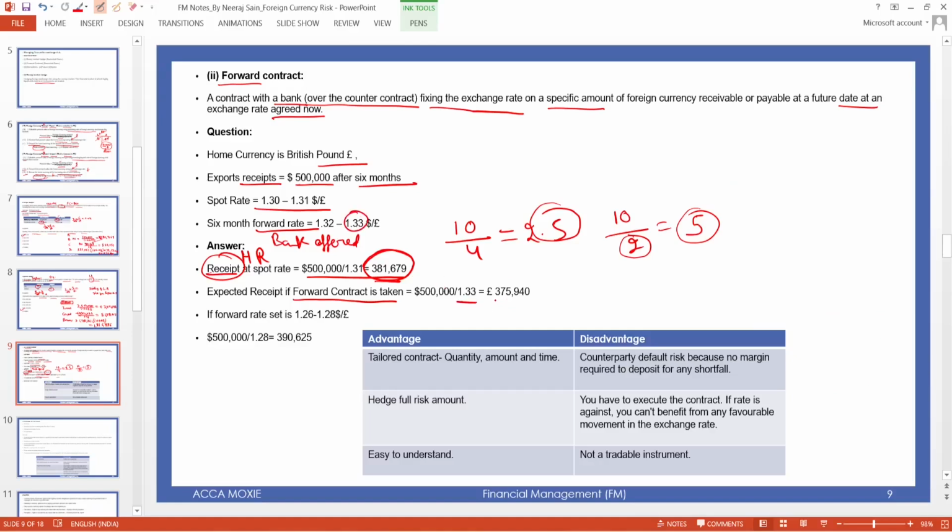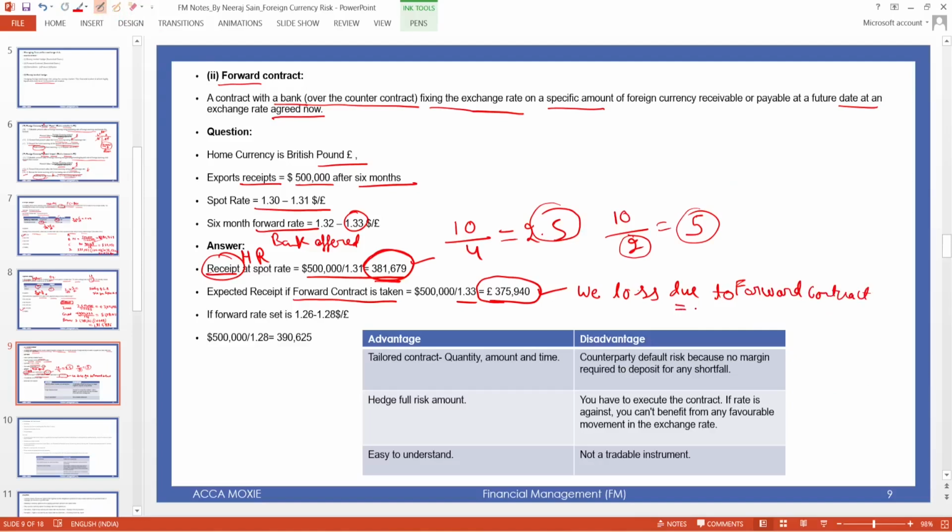After 3 months we receive this amount, but if we received this amount today, then in the future we are receiving less, right? So we lose due to the forward contract.